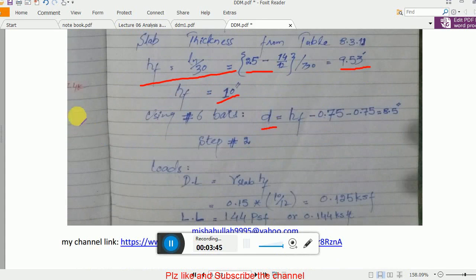Remember, in a flat slab system, let's say this is my bottom bar, and that is my top bar. The effective depth d is counted from the top face of the bottom bar to the top edge of the slab system. The clear cover is 3/4 inch. Here we are providing a slab, and the bar diameter which I am assuming is number 6.